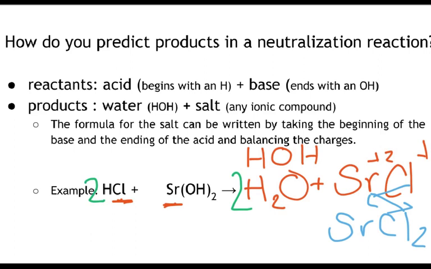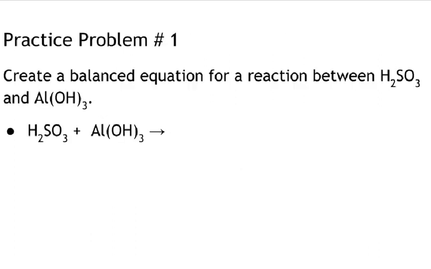All right. So let's do another practice problem. It says create a balanced equation for a reaction between your acid and base here. So again, we know we're going to have water, so we can go ahead and write that in. I'm going to write it as HOH this time, so it's easier to balance later. And now to figure out my next product, I have to look at the end of the acid and the beginning of the base.